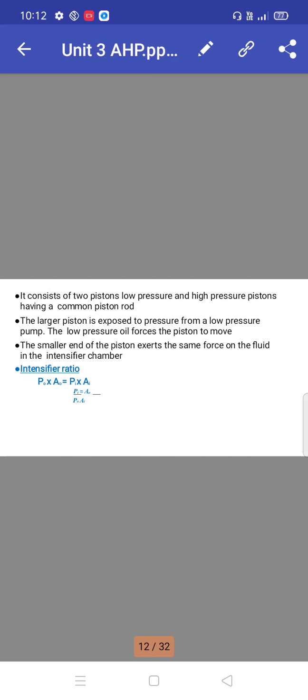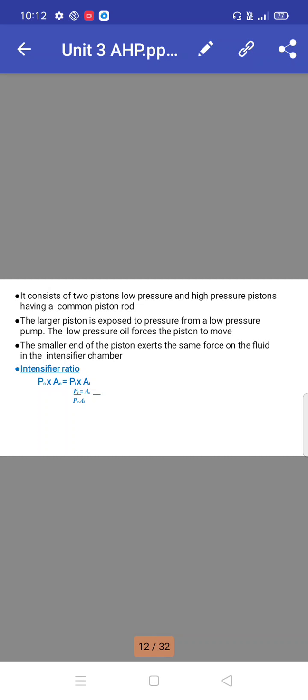A large piston is exposed to pressure from a low pressure pump. The low pressure oil forces the piston to move. The smaller end of the piston enters the same force and fluid in the intensifier chamber.